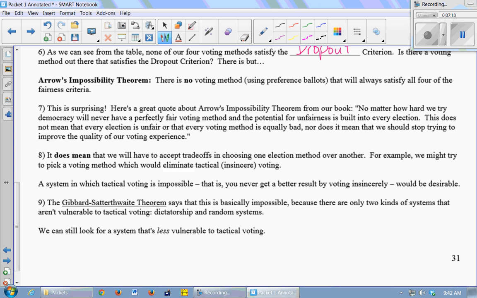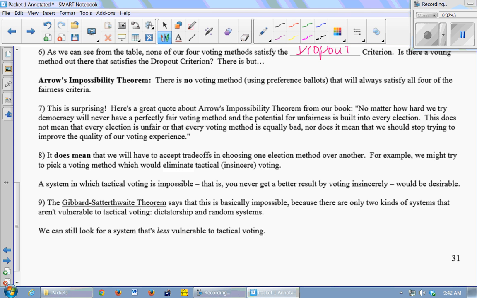So there's a great quote about Arrow's Impossibility Theorem from our book. It says, no matter how hard we try, democracy will never have a perfectly fair voting method, and the potential for unfairness is built into every election. But this does not mean that every election is unfair, or that every voting method is equally bad. Nor does it mean that we should stop trying to improve the quality of our voting experience.